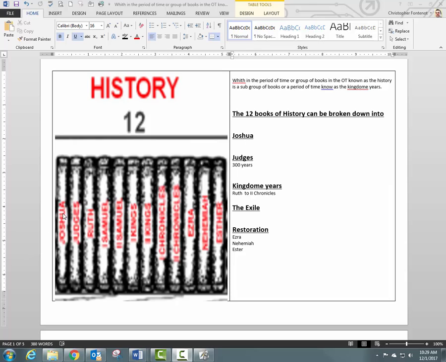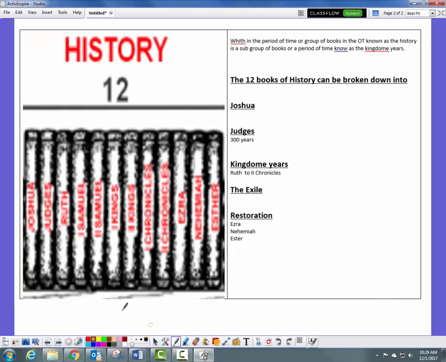The first one is Joshua right here. The next one is Judges right here, 300 years. Next we go into the kingdom years, and the kingdom years basically are from Ruth through the end of 2nd Chronicles. So the kingdom years specifically would be right here from Ruth through 2nd Chronicles.